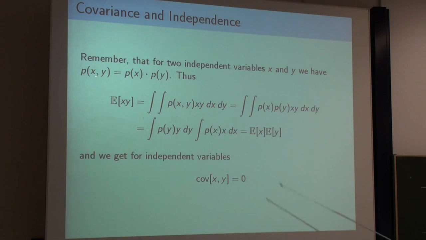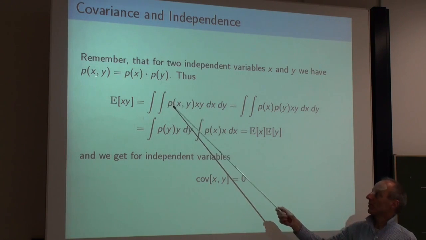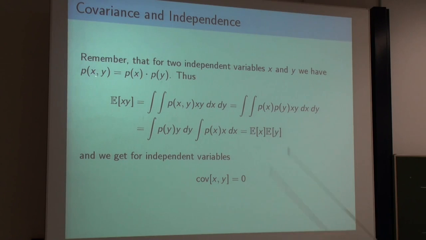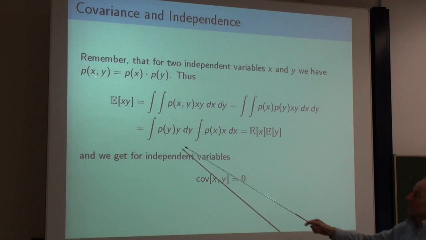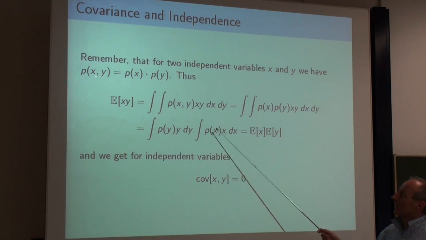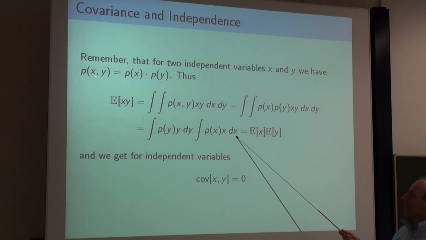And now here in this step we apply our independence. So we replace this by the product P of x times P of y. And now you see that, of course, P of x only depends on x. This only depends on y. And so we can split up the integral into two integrals, this first integral over y and the second integral over x.